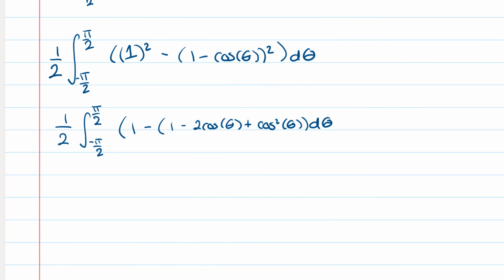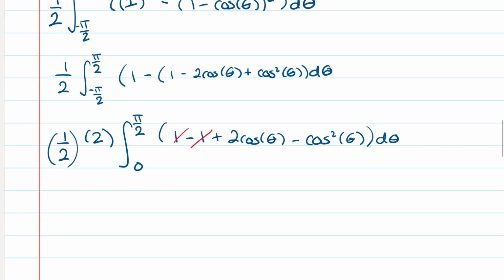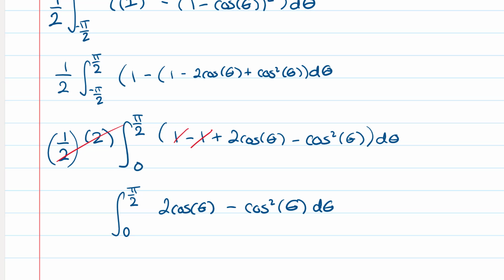So because of that, I can go ahead and rewrite my integral as 1/2 times 2, the integral of 0 to pi over 2, and then it becomes 1 minus 1 plus 2 cosine minus cosine squared. So the 1's cancel, gone. These are going to cancel, gone. So I have the integral from 0 to pi over 2, 2 cosine theta minus cosine squared theta d theta.